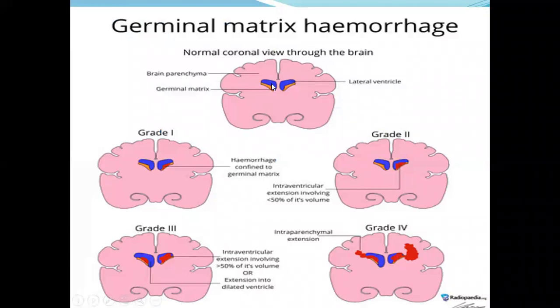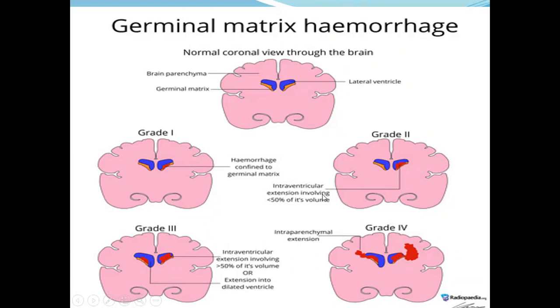This is the germinal matrix, normal brain. This is the subependymal hemorrhage. They are calling it grade 1 intraventricular hemorrhage. This does not break the barrier of the lateral ventricle. So this bleed is happening outside the lateral ventricle, but still it has been given the name intraventricular hemorrhage. That's one reason I don't like this grading system, but it is very widely used.